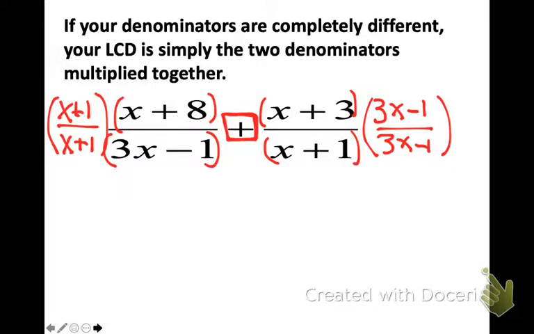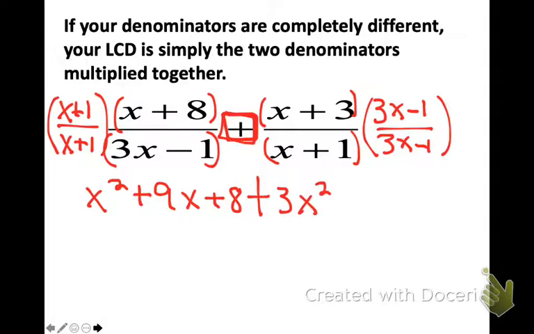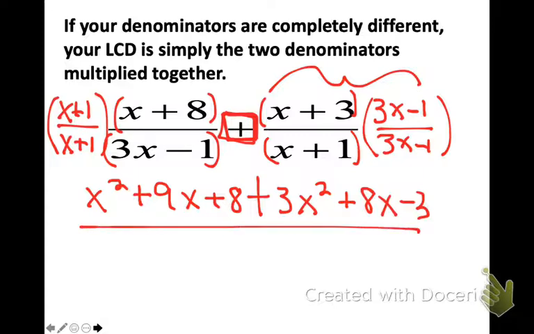So when I FOIL the numerator, I'm going to get x squared plus 9x plus 8, then plus this one. Then we end up with 3x squared plus 8x minus 3 by FOILing those two binomials, all over 3x minus 1 and x plus 1. We only write the denominator one time.